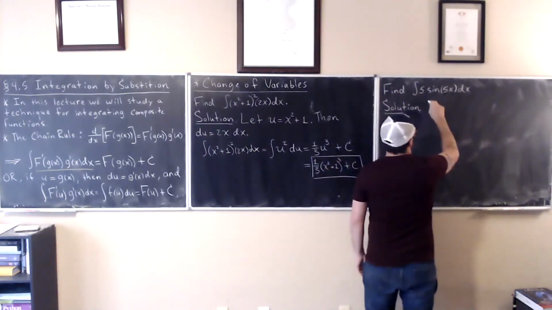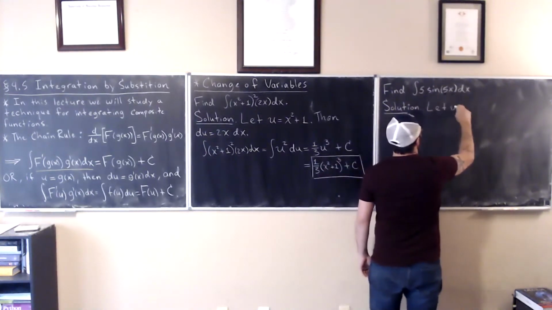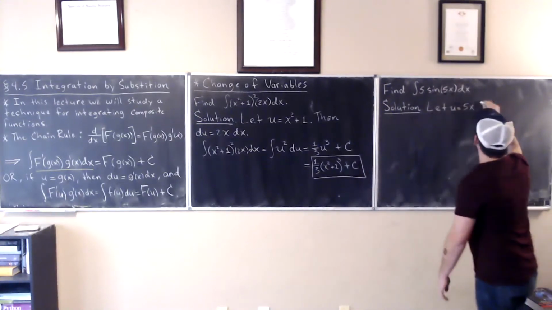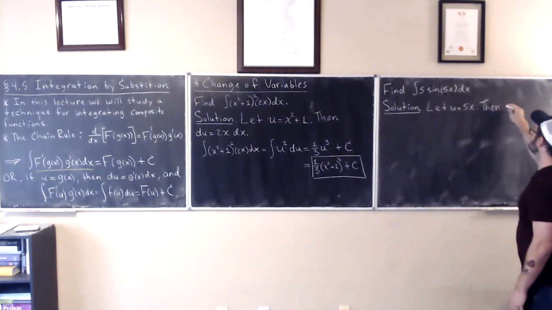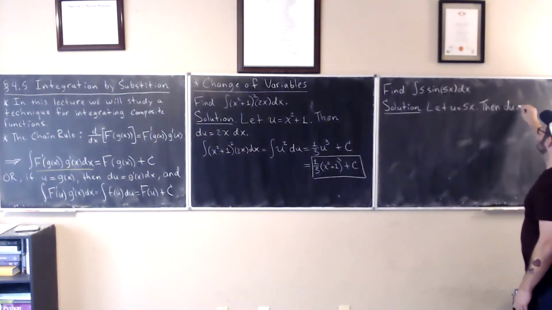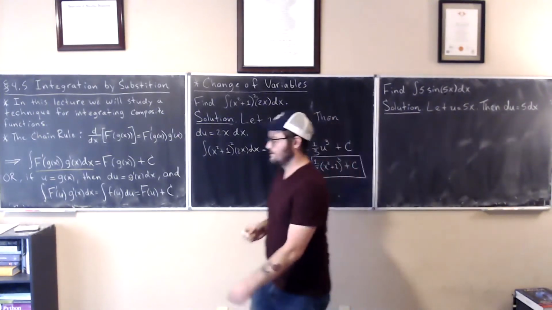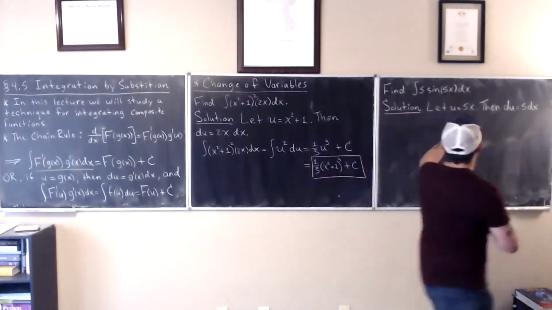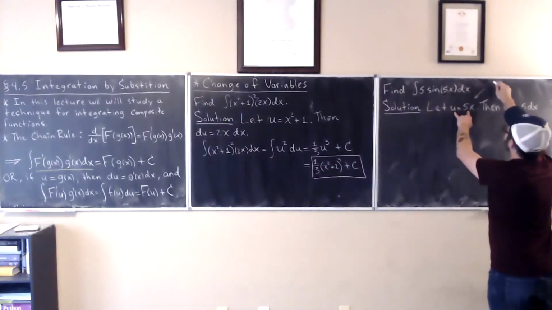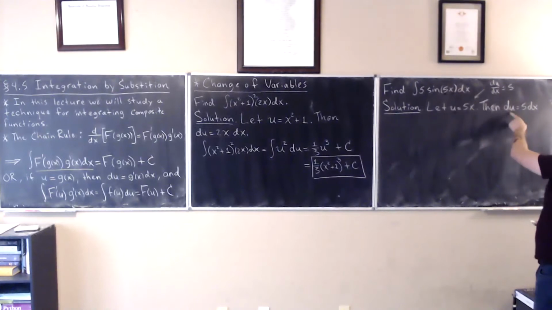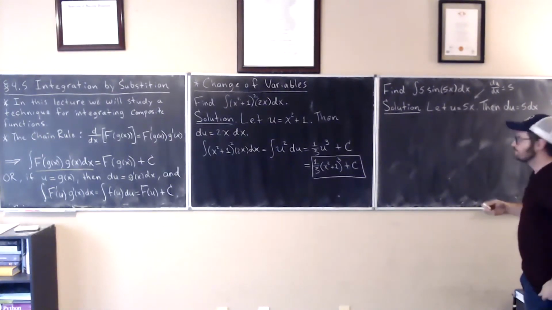So I'm going to say, let u equal 5x, then du is equal to 5 dx, right? And typically you would write it like this, you would write du dx is equal to 5. But this implies that du is equal to 5 dx.